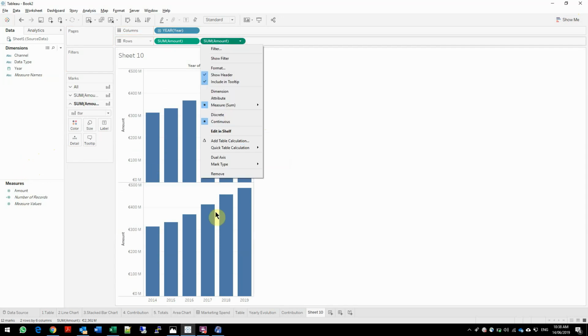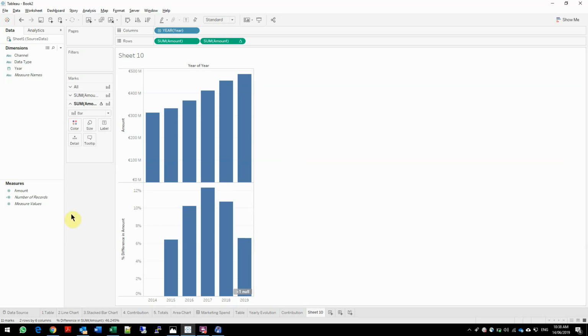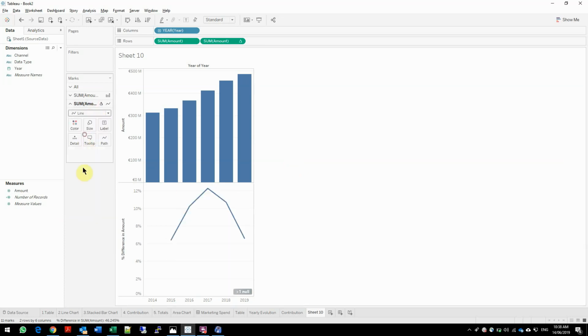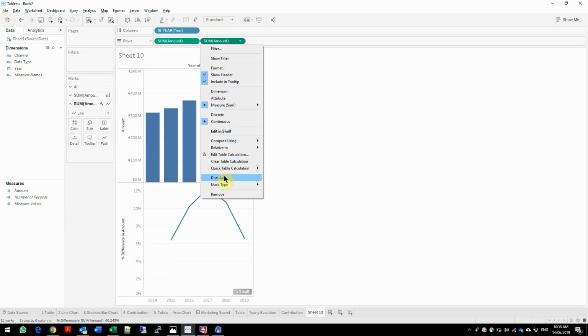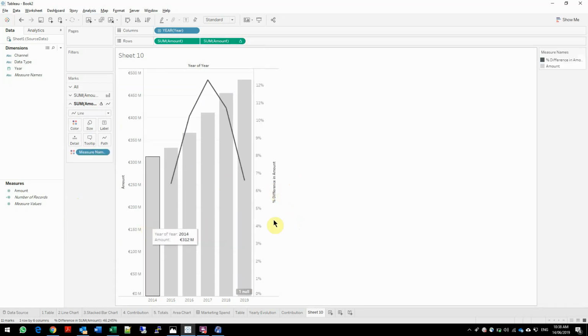So I will add again the amount, and I will say that it's a percent difference from the previous year. And I want to display it as a line chart. We have one null. This is okay because it's related to the reference year of 2014. And I want to overlap the graphs. I will not synchronize it because in the second graph we have a range from 0 to 1, and here we have several millions.